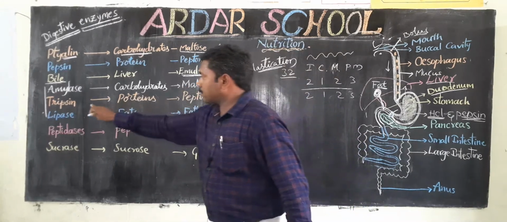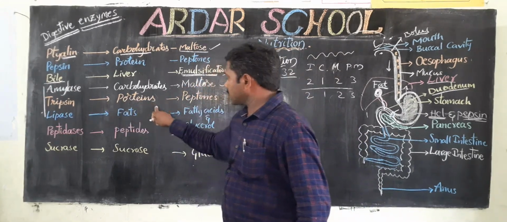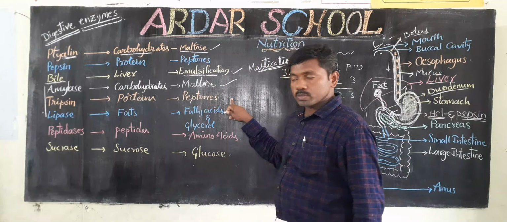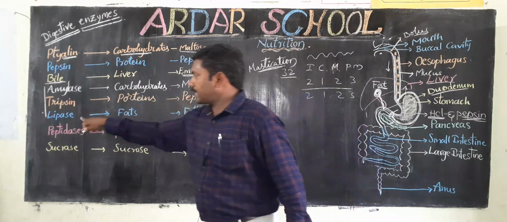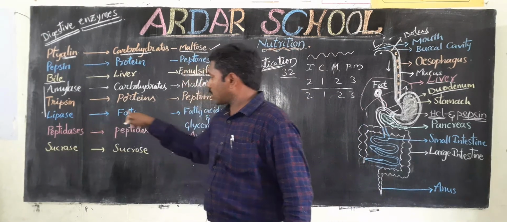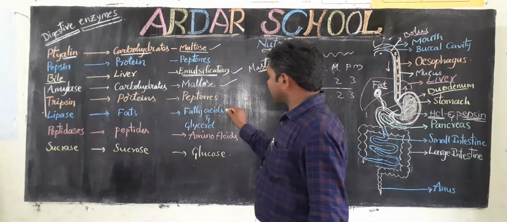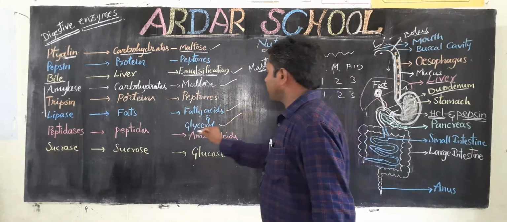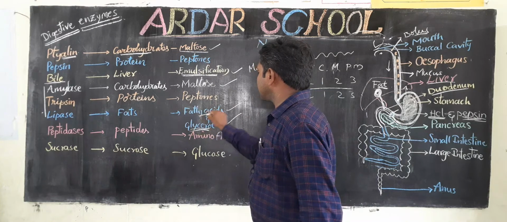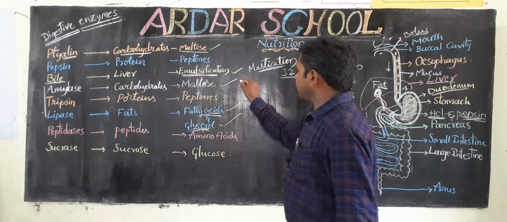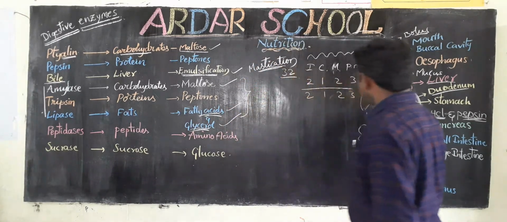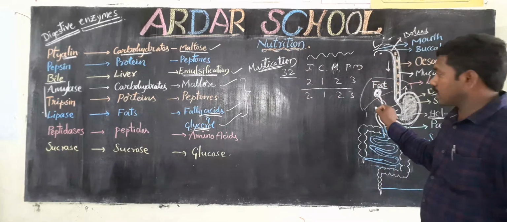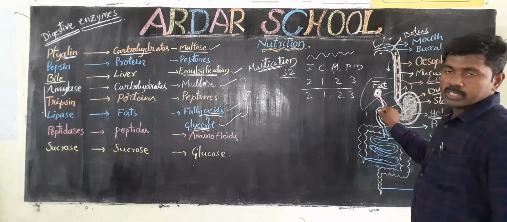Trypsin acts on proteins. It turns them into peptones. Next, lipase. Lipase acts on fats. It turns them into fatty acids and glycerol. These three are released into the duodenum.